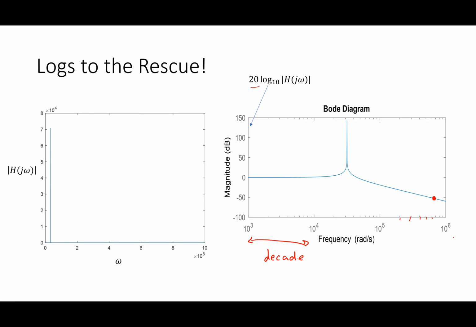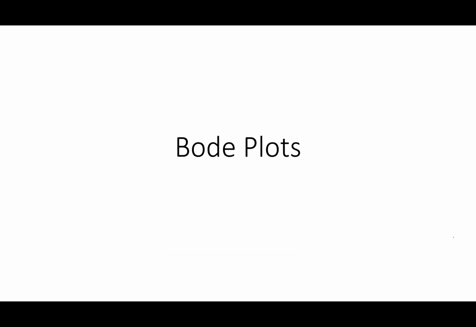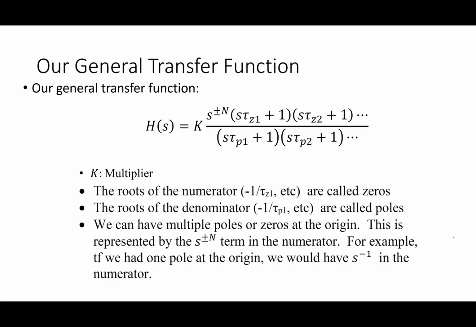Okay. All right. So this leads us to something we call Bode plots, which is a special name for these graphs, right? If I want to draw a graph versus frequency of these things, I make this thing called a Bode plot. All right. So in general, our transfer function is going to be this ugly thing.